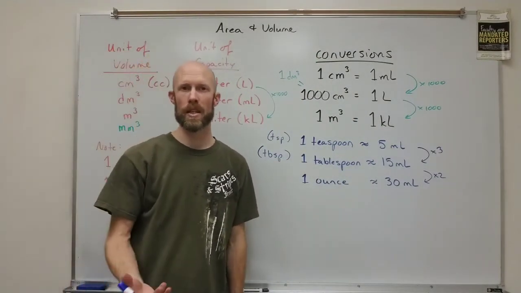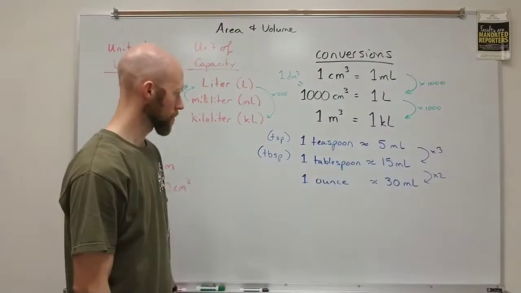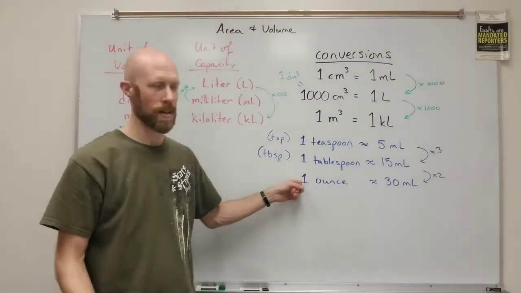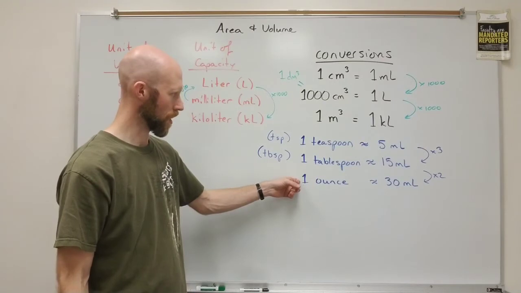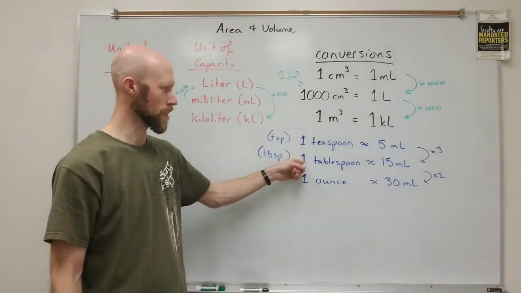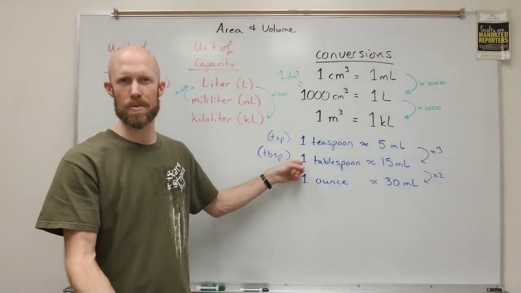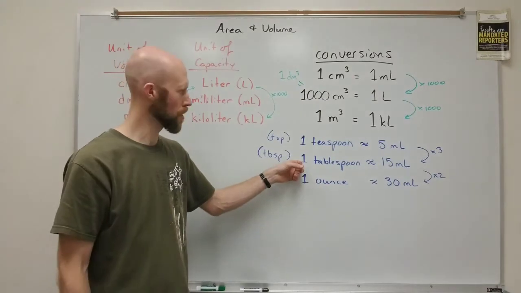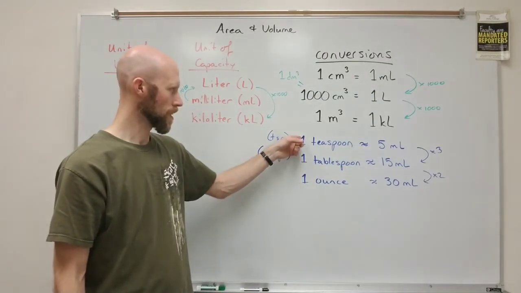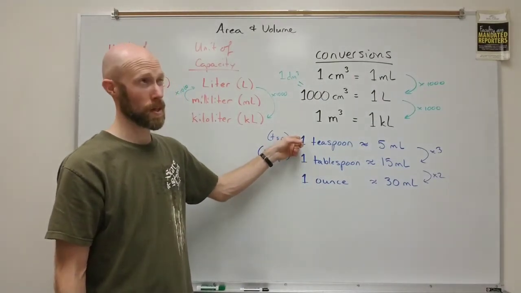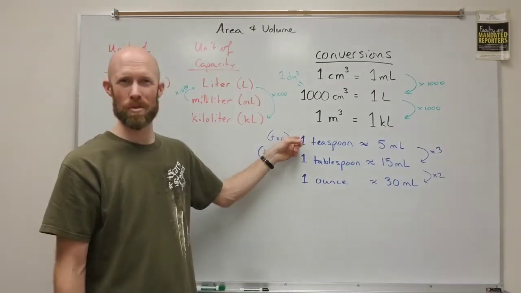And we've already seen that you get 8 ounces in a cup, right? So if 8 ounces are in a cup, 2 tablespoons in an ounce, that's 16 tablespoons in a cup. And times 3 would give you 48 teaspoons in a cup, I guess.